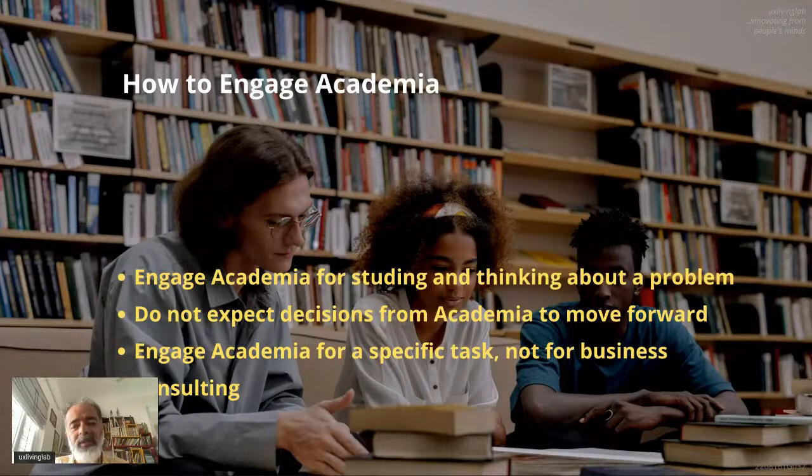A professor has 25 years of experience in studying and teaching. They don't have business experience. So that's the reason I always say don't expect solutions or business decisions from academia. Some people say that they can decide, and also don't take it as an expert opinion. You use academia only to study and think about the problem.